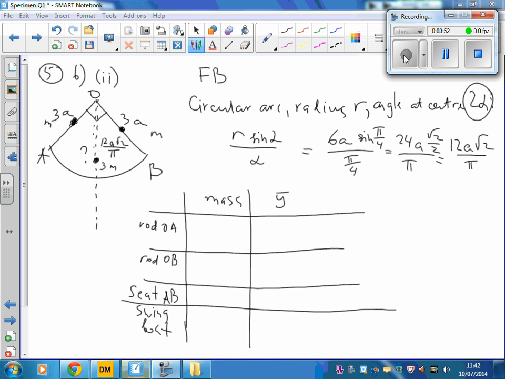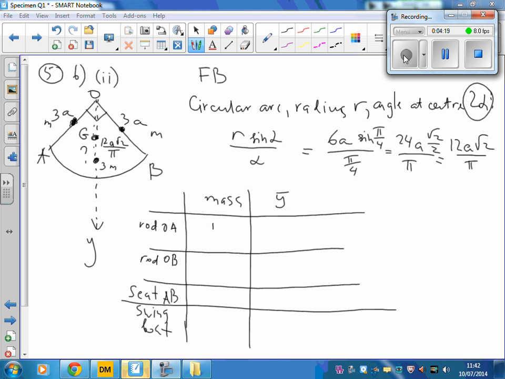I only consider the vertical position of the center of mass of the boat, because obviously it is symmetrical about the vertical line, and the center of mass of the system G will lie on this vertical line. We'll measure all the distances from O downwards.